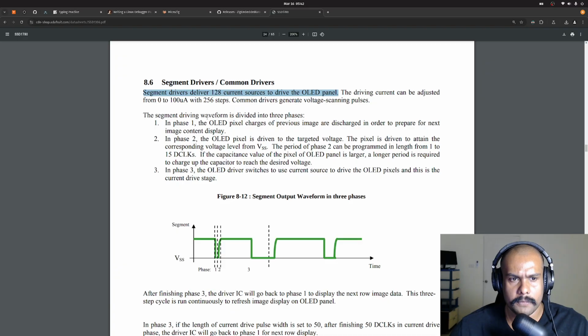The segment driving waveform is divided into 3 phases. In phase 1, the OLED pixel charges of previous image are discharged in order to prepare for the next image content display.